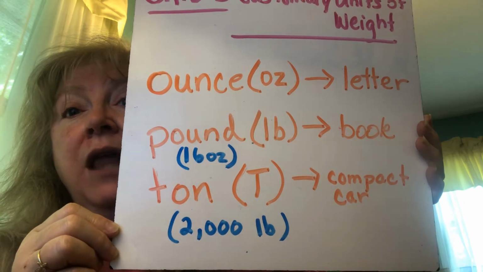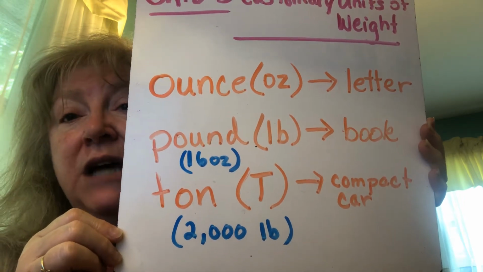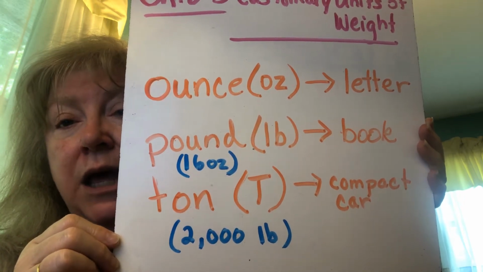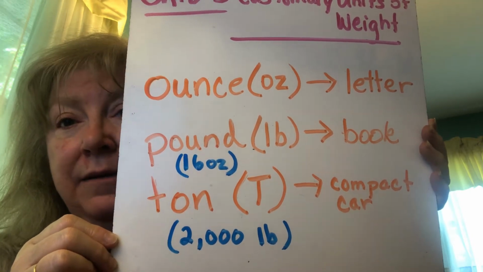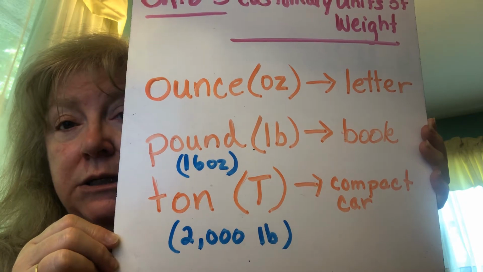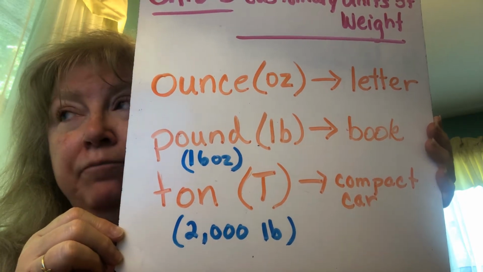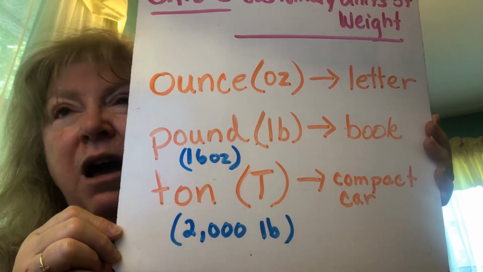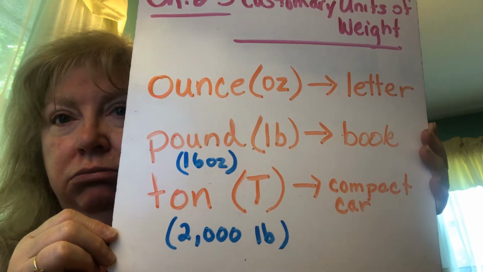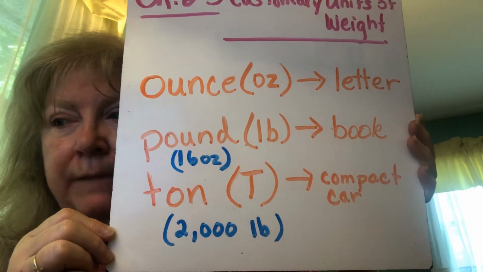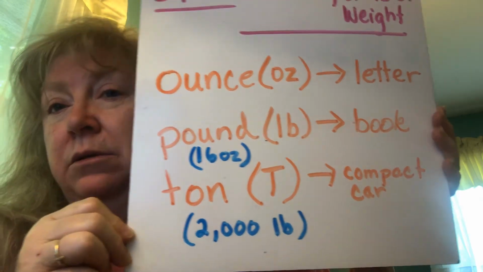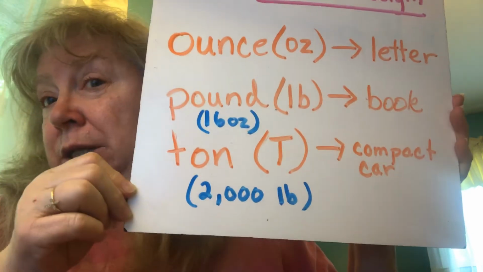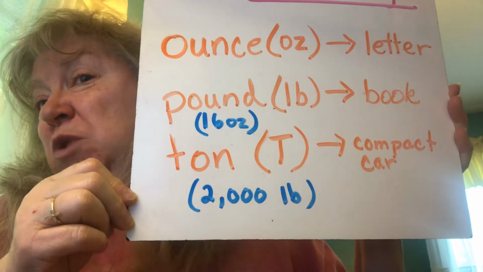Now, when you have a lot of pounds, we call that a ton, T-O-N. That abbreviation is an uppercase T for ton. A compact car, meaning a small car, might weigh a ton. A bigger car might weigh 2 tons. A truck might be 2 tons.